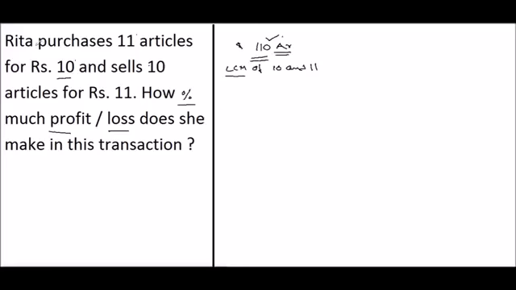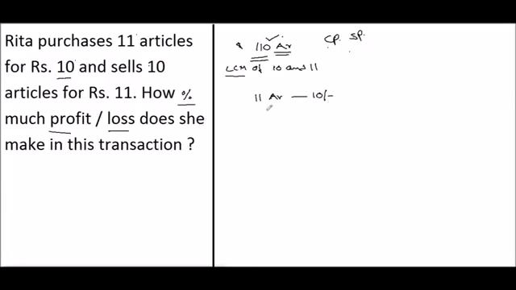Now with the first statement, you find out the cost price. With the second statement, you find out the selling price. If selling price is more than cost price, there is a profit. Otherwise, in the other way, there is a loss. Let us go for this one. They have given that she purchased 11 articles for 10 rupees.